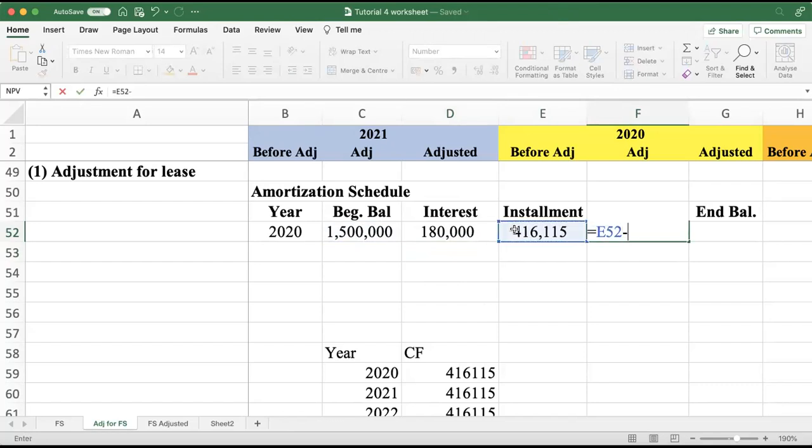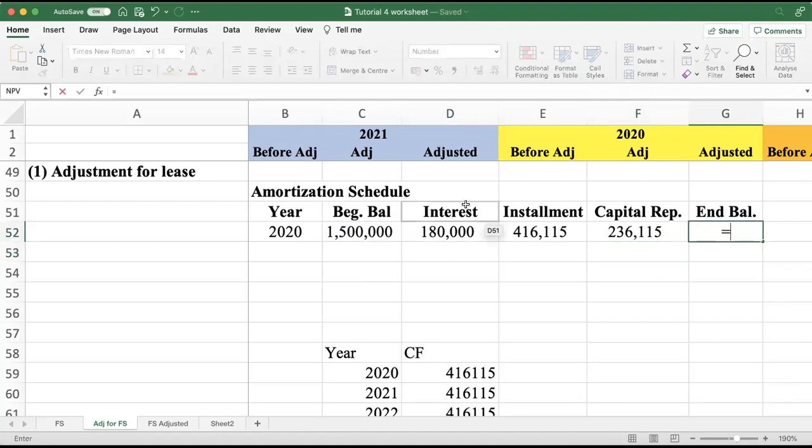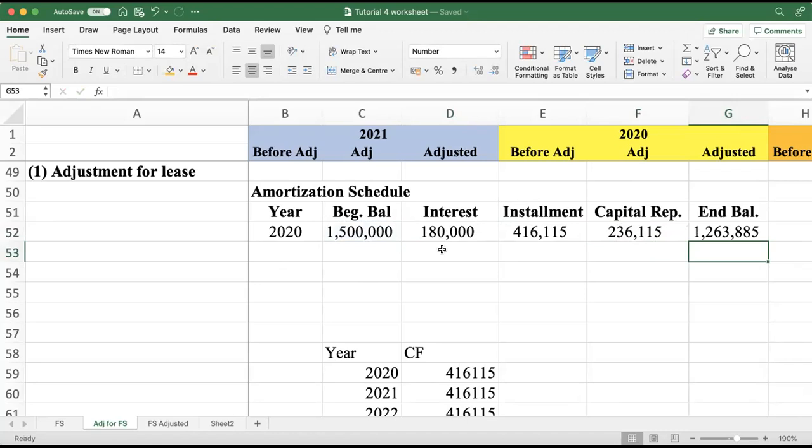Then 416,115 minus interest, you get the capital repayment. Then beginning balance minus capital repayment, you get the end balance.